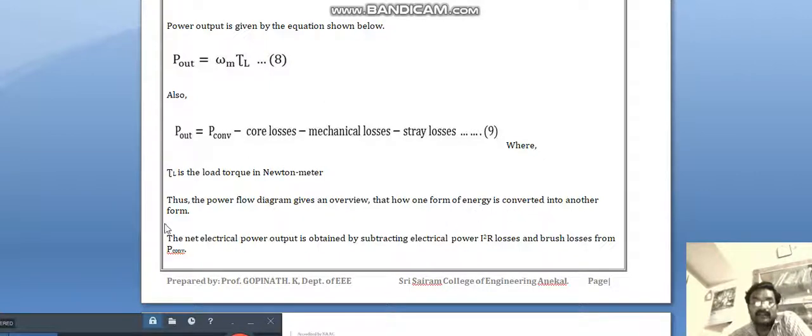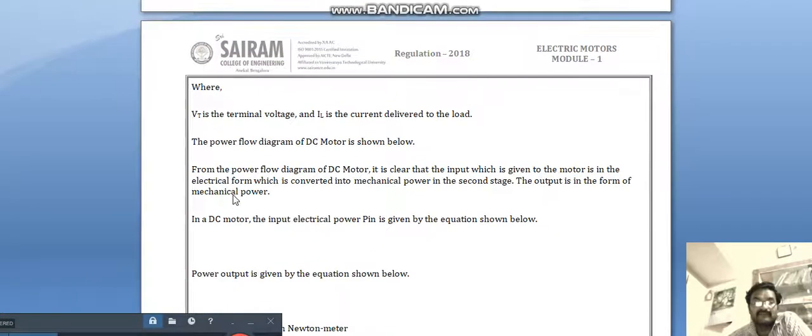The net electrical power output is obtained by subtracting electrical power loss, I square R losses and brush losses, from P converted, where Vt is the terminal voltage and IL is the current delivered to the load.